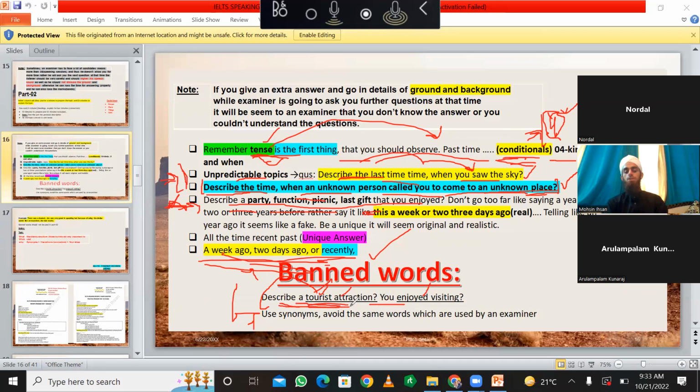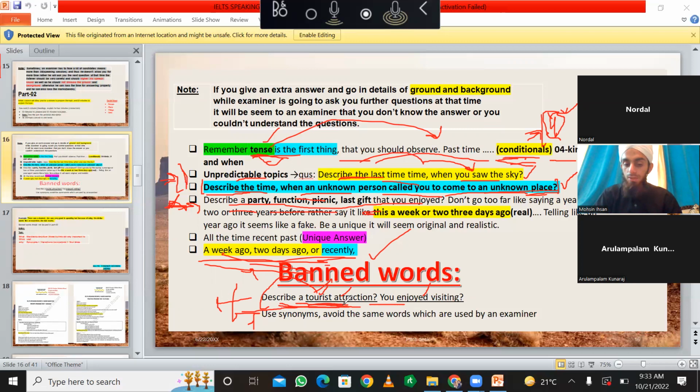Just changing different words within your answer would indicate to the examiner that this person is able to convey his or her idea in many different words, and this has a very good influence on the examiner. This would impress the examiner, right? So always try your level best to go for some different words.